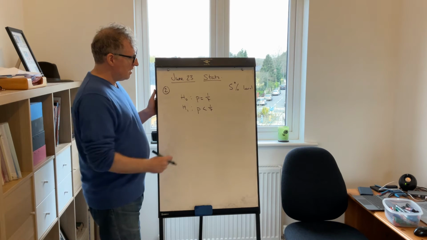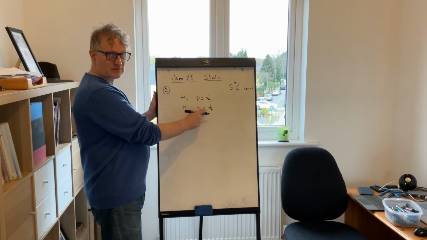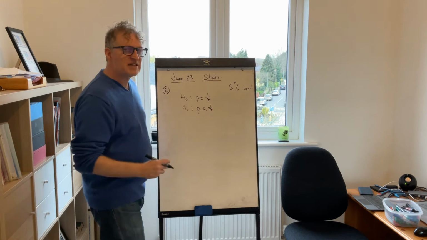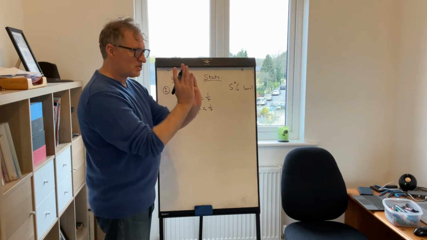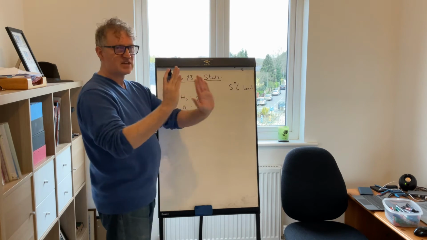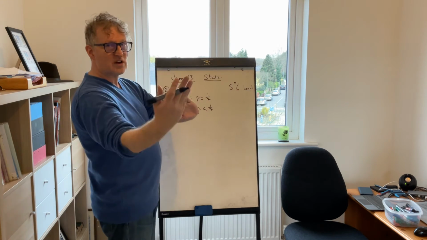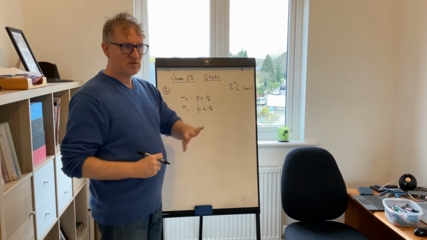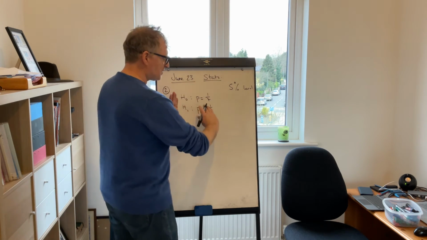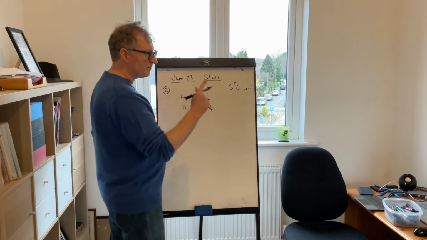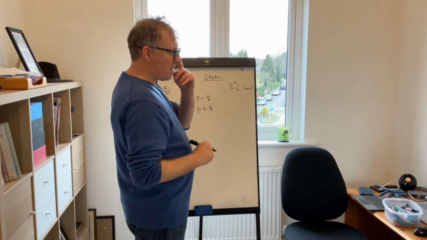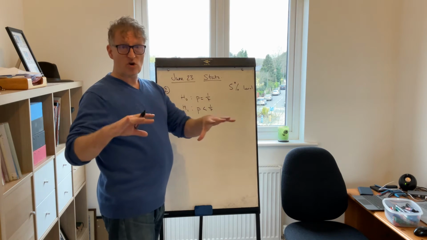Okay? It's a one-tailed test. If this was that the probability has changed, we would just have not equal to 1/7. And that's when you have to split your 5%, 2.5% one side, 2.5% the other side. 2.5% it going down, 2.5% it going up in terms of the probability. Right, we've got a simple situation where we've got some numbers.